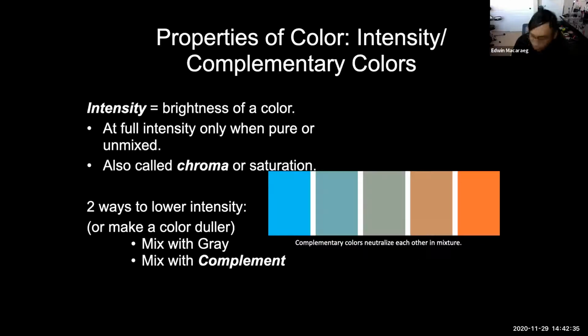The example shown here is where on the left side, there is some blue, and as it gradually goes to the right, a little bit of orange is mixed into it, so it flattens it out. The left side is very intense, the second color is less intense, and then it gets very flat, and then it starts going the other direction, getting more intense towards the orange side.